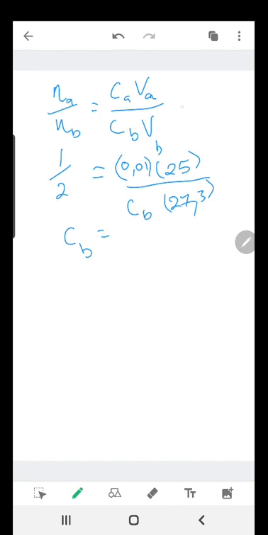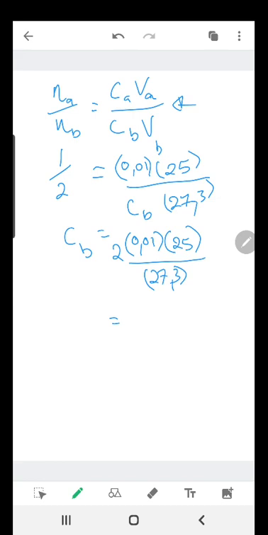Now, what I want you to pay attention to here is this formula. You can actually invert it prior to your substitution. However, it's not necessary to do that. So it would be 0.01 times 25 divided by 27.3, and then obviously this 2, which is divide, becomes multiply. So put that in our equation.